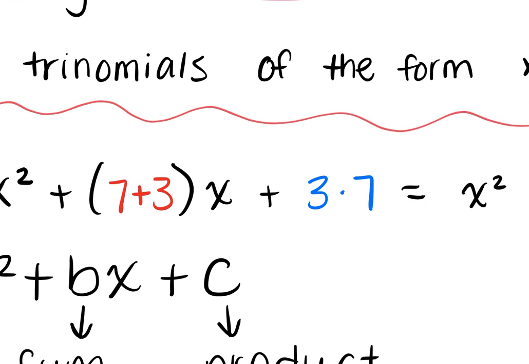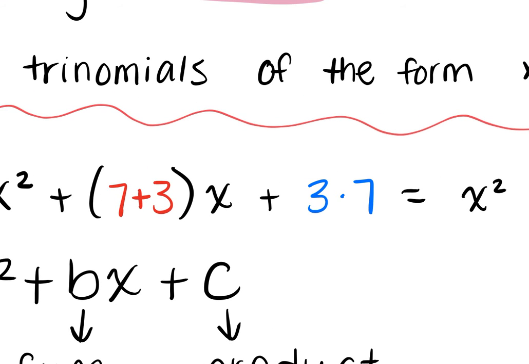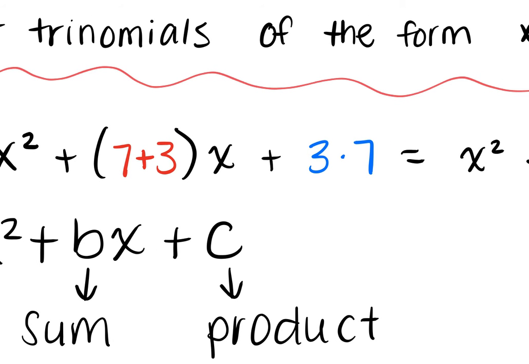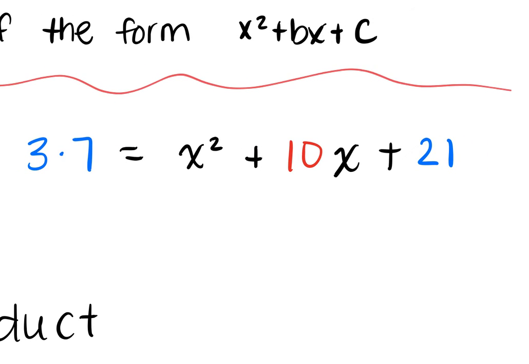And then the last term is just the product of those two numbers. So the 3 gets multiplied by the 7 to give you that last term. So when you FOIL it all out, it ends up being x squared plus 10x, which is 3 plus 7, and then plus 21, which is that last portion, okay?